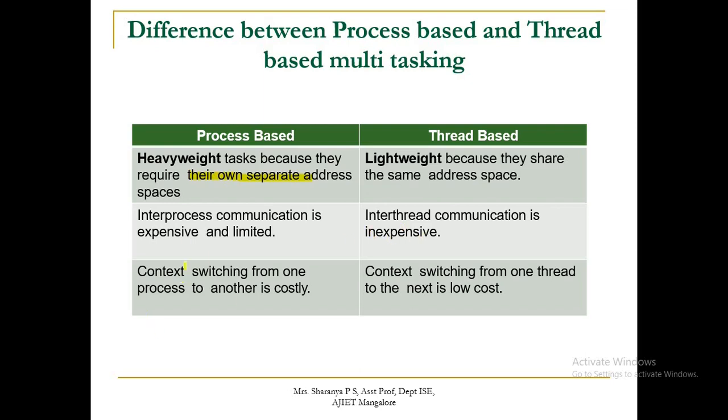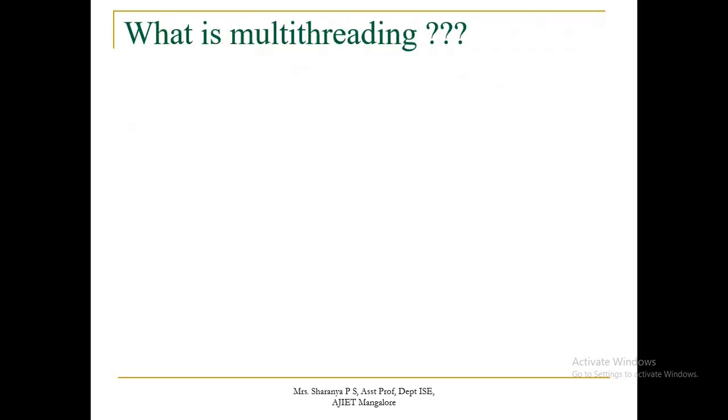And in the process-based, context switching from one process to another is costly, whereas context switching from one thread to the next is much lower cost. These are the three major differences between process-based and thread-based multitasking.